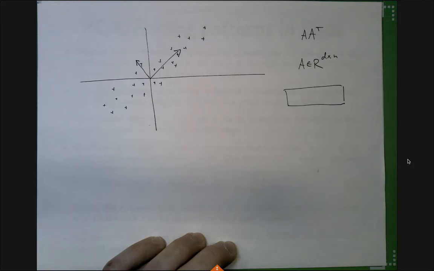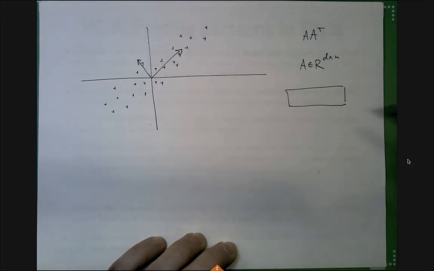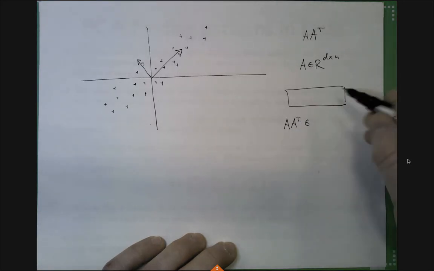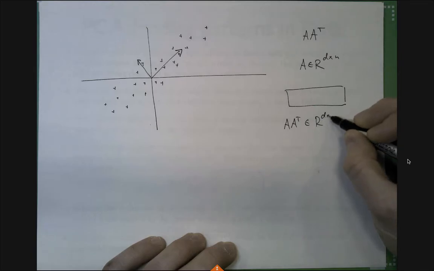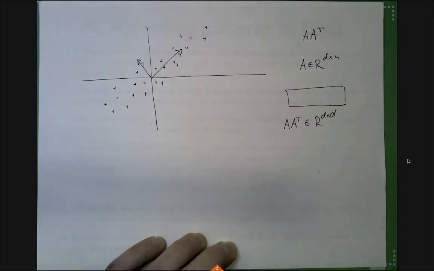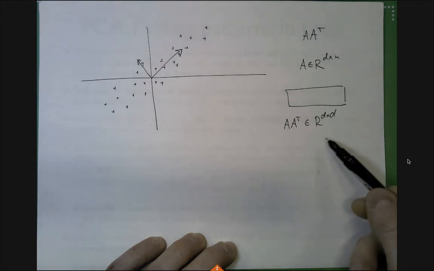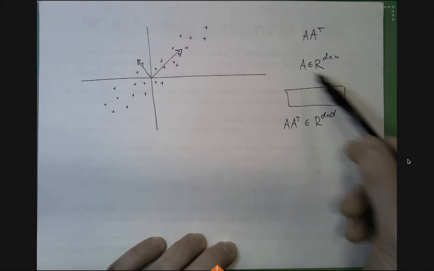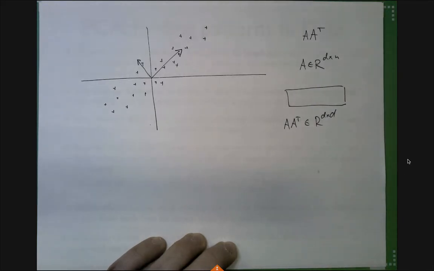If you have more attributes than data, then you probably have to go collect some more data. If you form AAT, then the matrix is going to be D by D. So with 100 attributes, it's a 100 by 100 matrix. That's the cool thing about the covariance matrix, that the number of data essentially disappears.